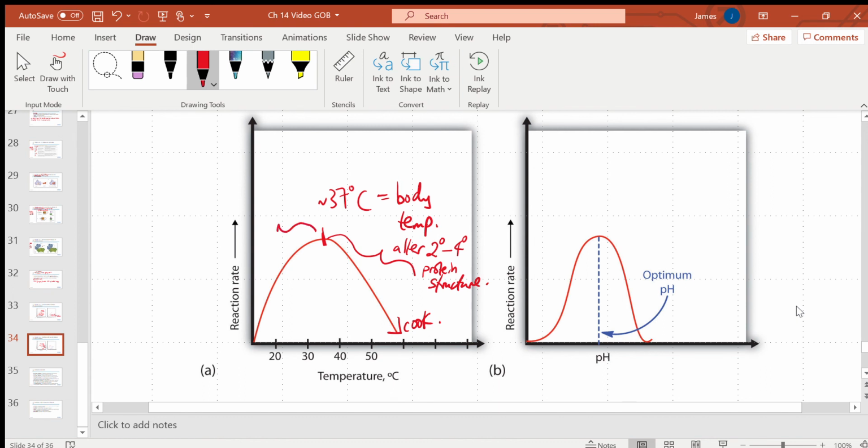Here you don't have enough energy to alter the structure, but what you've essentially done is prevented the docking of substrate with enzyme.